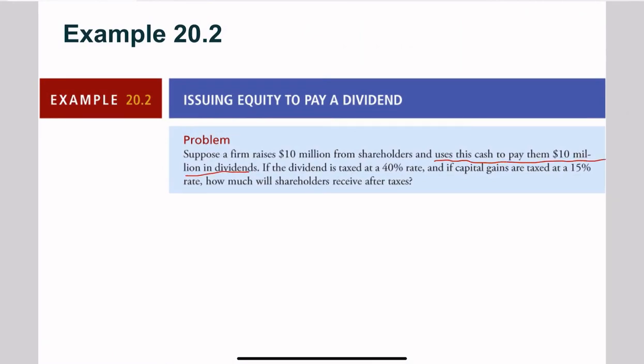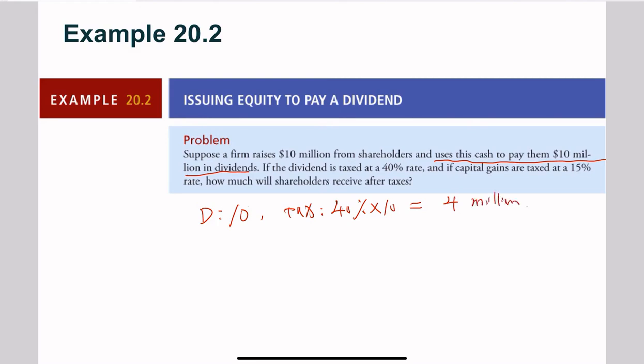If the investor has a $10 million dividend, then the dividend tax would be given by, no, sorry, it's not 15%, it would be given by 40% times $10 million, which would be $4 million.